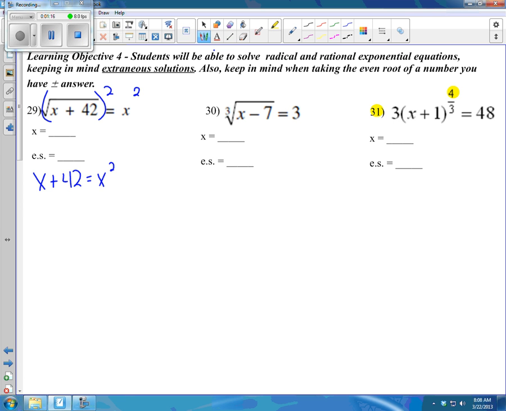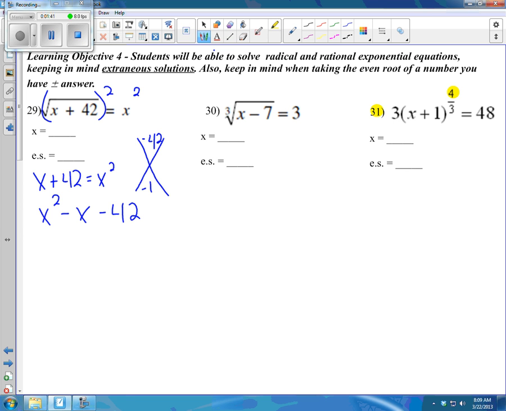And now when I look at this problem, we're back in Unit 5 and Unit 6, and I would like to get x by itself, but when you have more than one type of x, we're going to have to factor. So I'm going to bring the x plus 42 to the other side because I want to keep my x squared positive. So that turns into x squared minus x minus 42. I'm going to use my factoring x, so I'll put negative 42 here and negative 1 here.